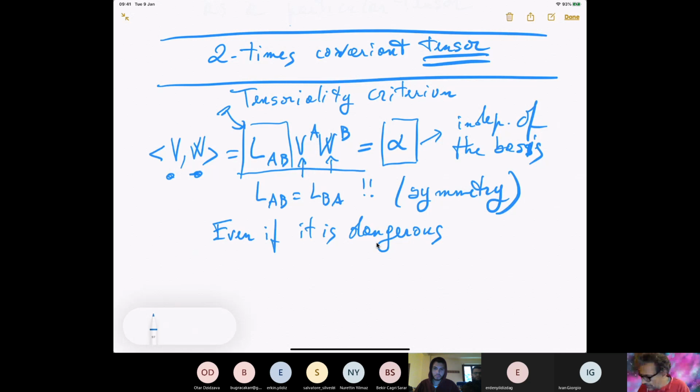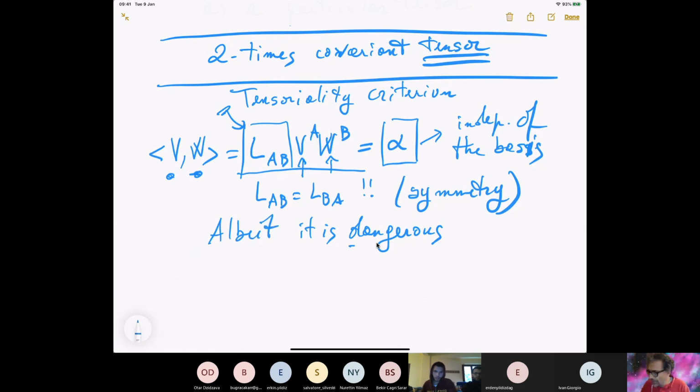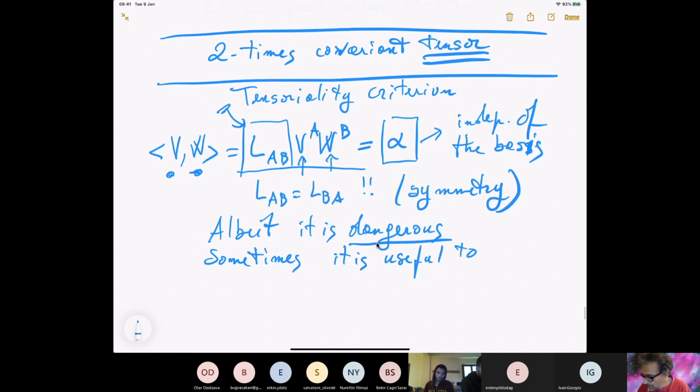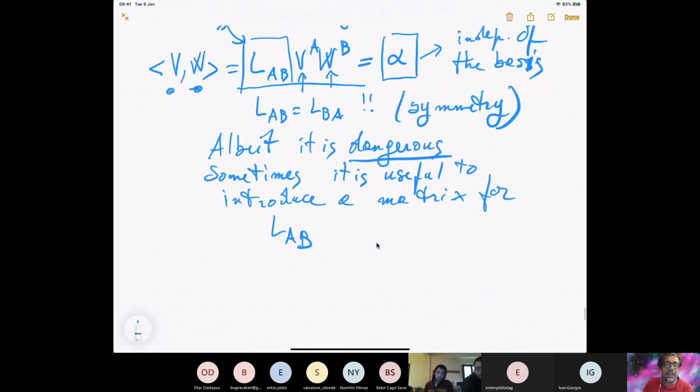So, albeit it is dangerous, sometimes it is useful to introduce a matrix for L_AB. Now, why is it dangerous?